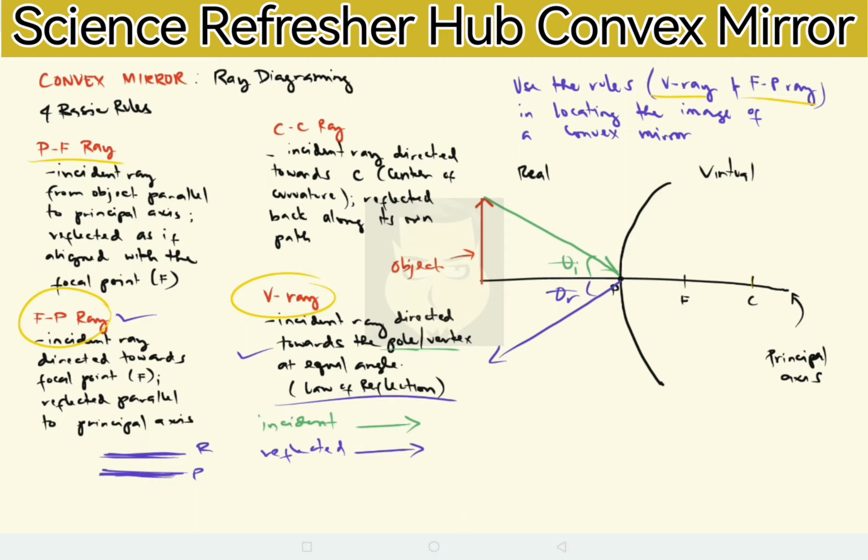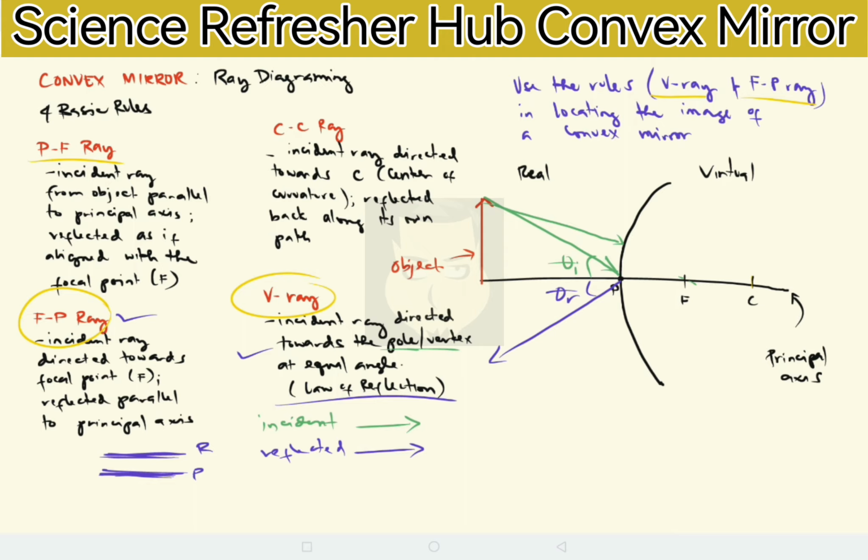First things first, incident ray directed towards the focus. So how are we going to do it? Look at how I will do it. This is the focus. I will make an imaginary line here, and that is where I will point my arrow. I just use it as a guide, but it does not exist yet.